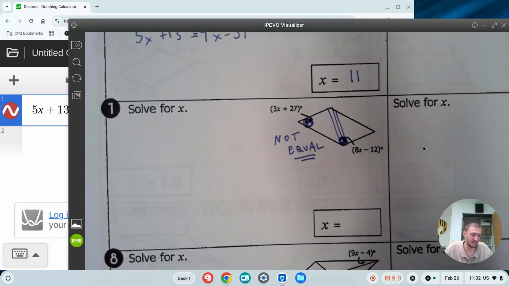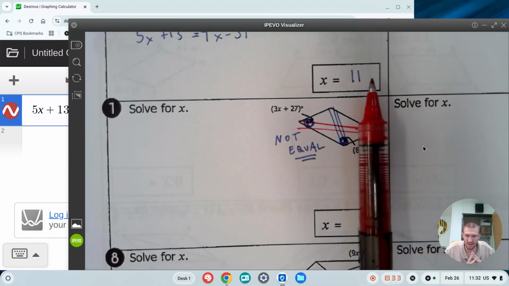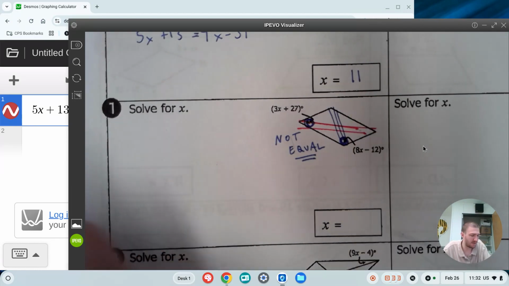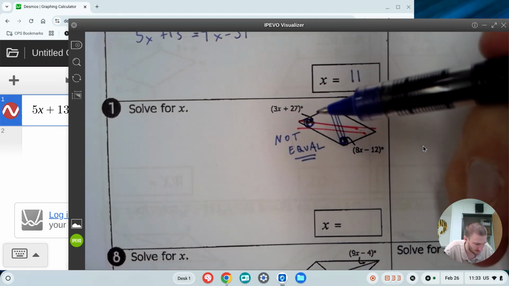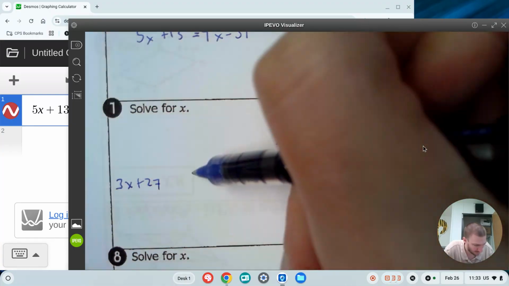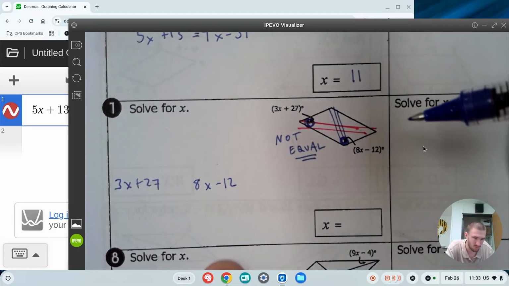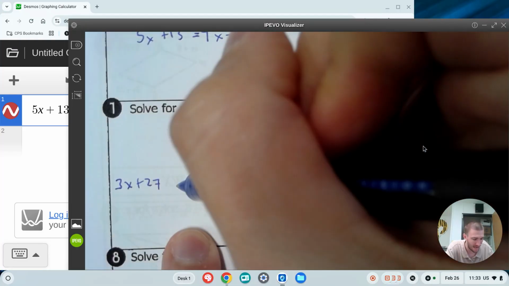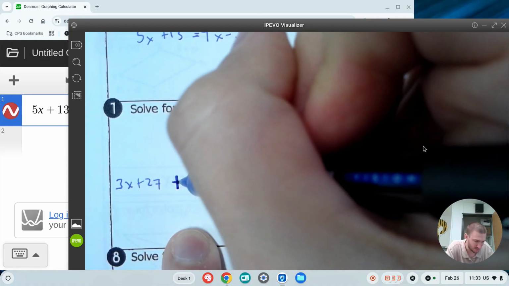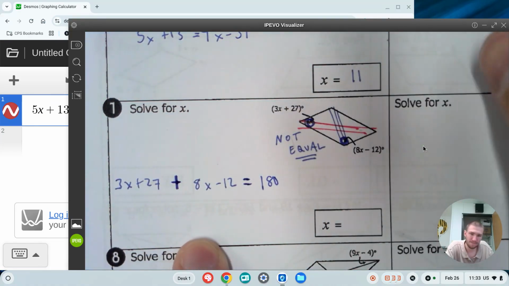These two would be equal, these two would be equal, but the neighbors are not equal. So if we can't put an equal sign here, we obviously are going to need the 3x plus 27, and we're going to need the 8x minus 12. They are not equal. They're supposed to add together to equal 180.